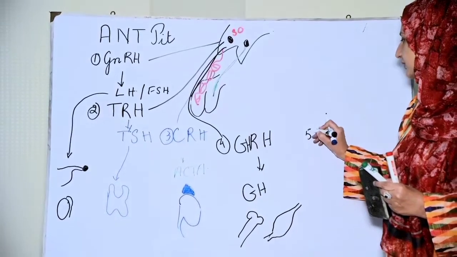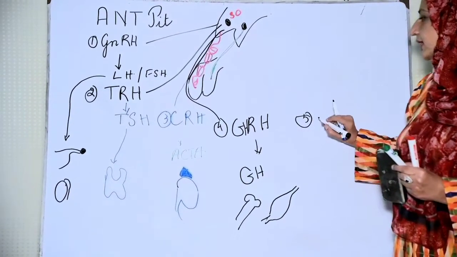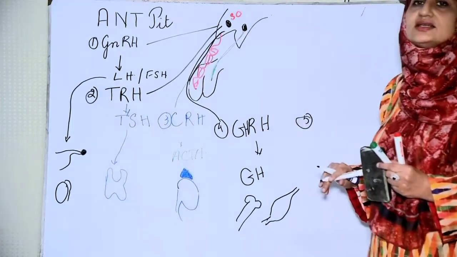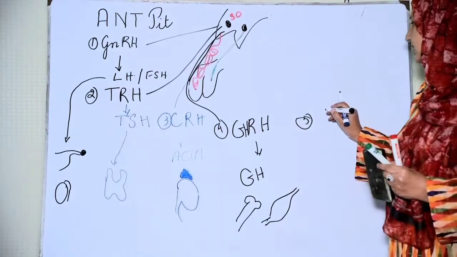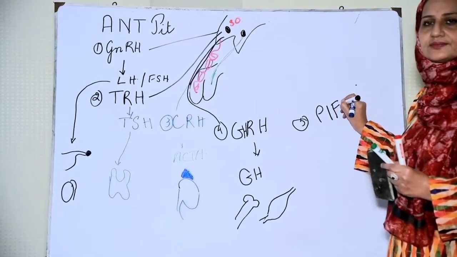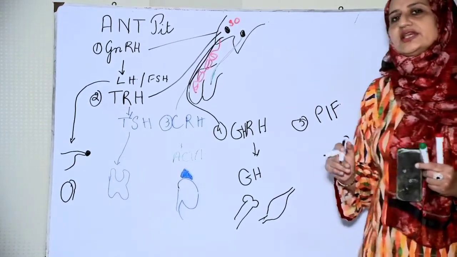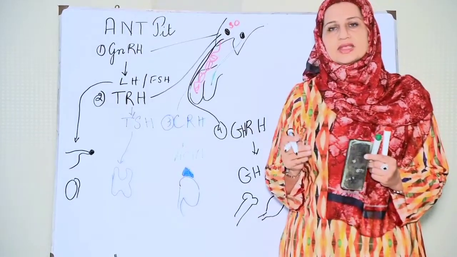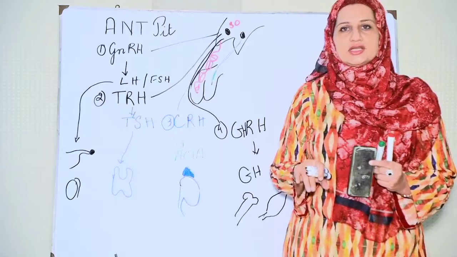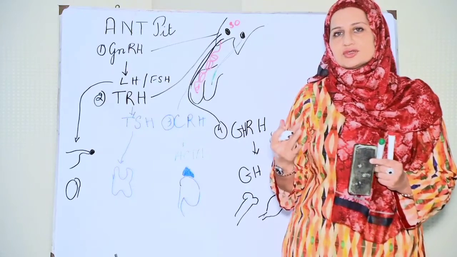The fifth and a very important substance released by the hypothalamus is prolactin inhibitory factor. Actually, it is normally released and it inhibits the anterior pituitary from producing prolactin.